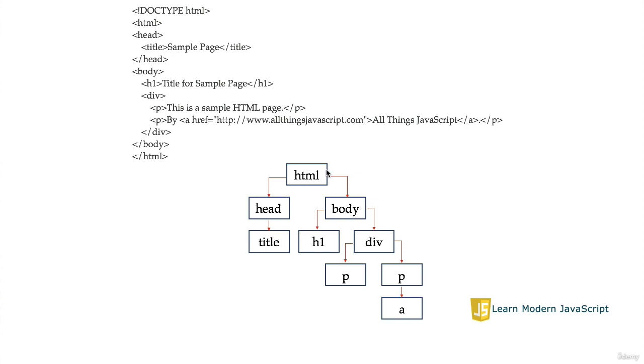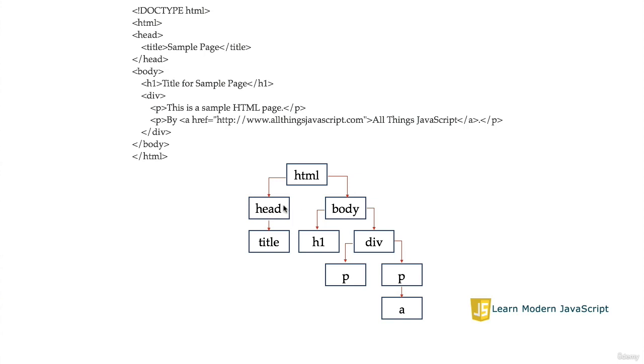Now each one of these is referred to as a node. That's important to remember because node is used in some of the commands that we use within JavaScript to manipulate the document object model. So important concepts: each one is a node. A node can have children or child nodes.